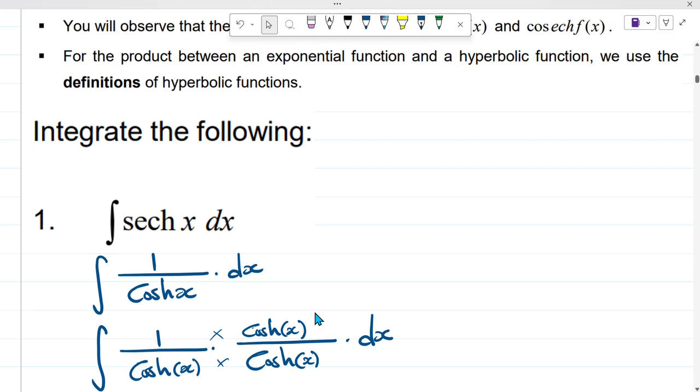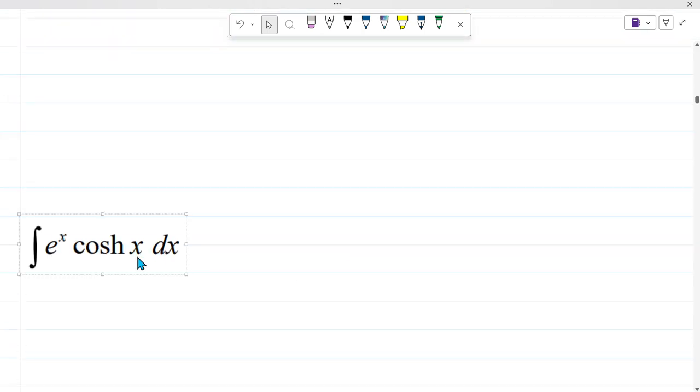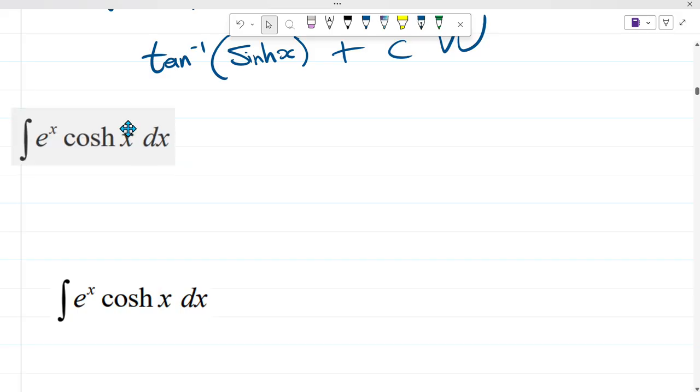So guys, in this question, sometimes you will be solving the product of an exponential function and a hyperbolic function. So you need to know that we use the following procedure. I'm going to use this question to explain what I'm trying to say.